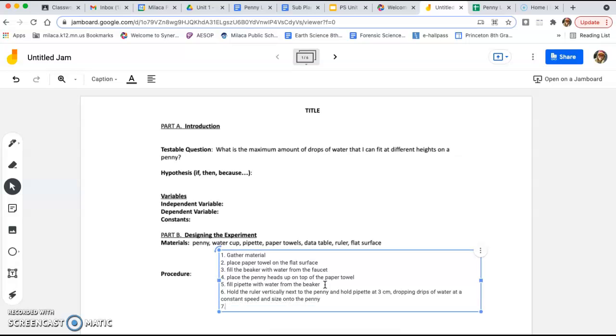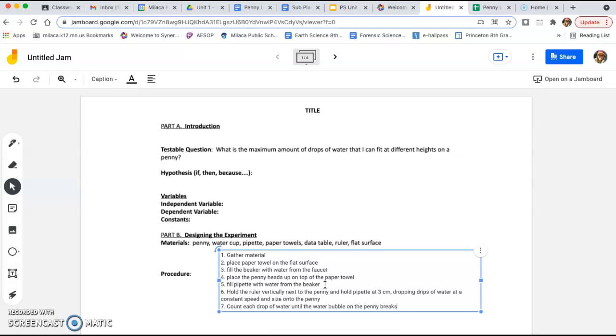Then our next step, and some of us didn't quite get this far, the next step would be how are we going to count these drops of water? So we said we are going to count each drop of water until, because I asked what was the stopping point, the water bubble on the penny breaks.